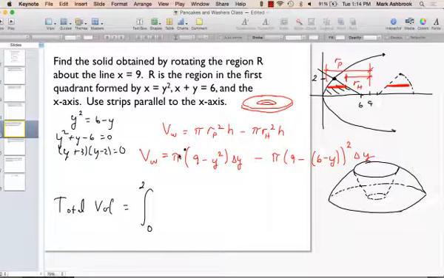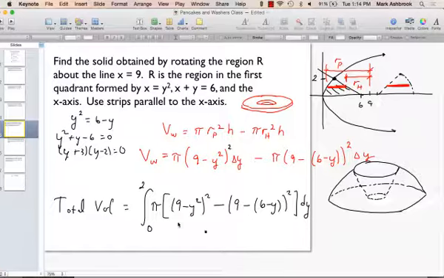And then we're going to sum up the volumes of all the washers as you go from 0 to 2. We could factor out pi if you want. And then you get the quantity 9 minus y squared, squared, minus the quantity 9 minus 6 minus y, squared.